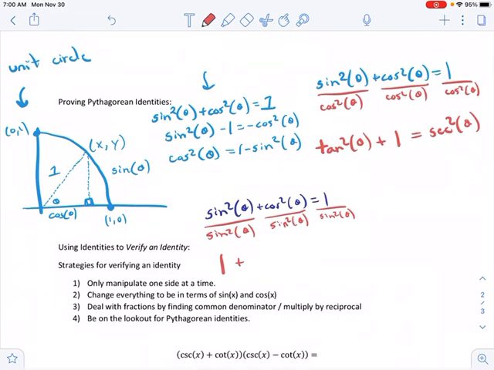Cosine squared theta divided by sine squared theta is actually cotangent squared theta. And then on the right-hand side, 1 divided by sine is cosecant, so this ends up being cosecant squared theta.